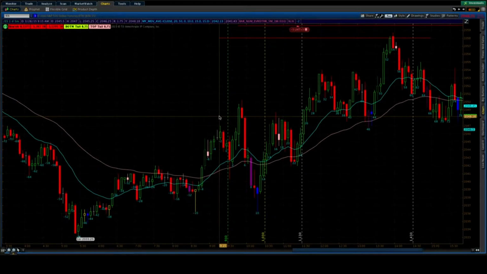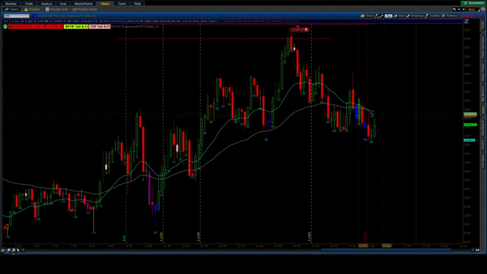I do, because it's my own personal belief that you want as much context as you can get, and as pure a context as you can get. What I mean by context is everything there is to the left of the chart. Everything that is to the left of the chart is your context.